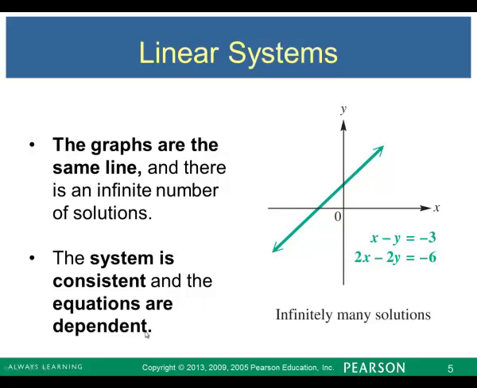So they would be considered a dependent system. It's like one line is dependent on the other line for a solution. Infinite because there's an infinite number of points that would be on both lines, and both lines go on indefinitely.